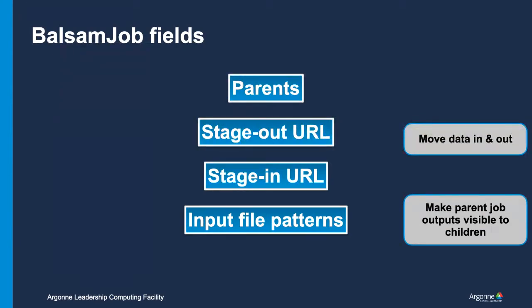So this combination of fields allows us to compose fairly complex data flows, with particular files moving from parent jobs to child jobs, and data coming in from external sources as well as being staged out to some other location where you want your results to go at the end.